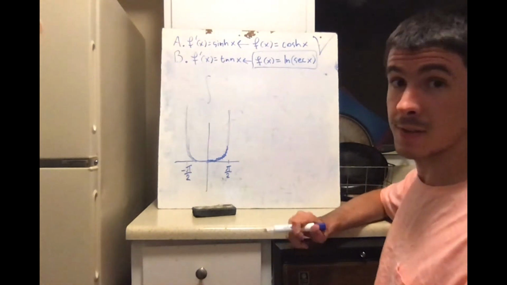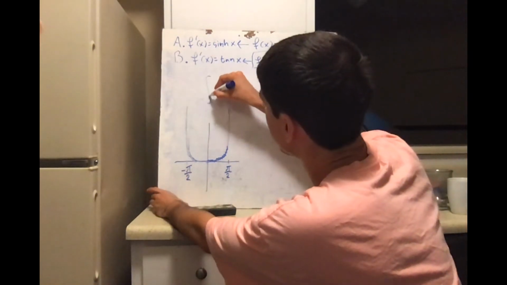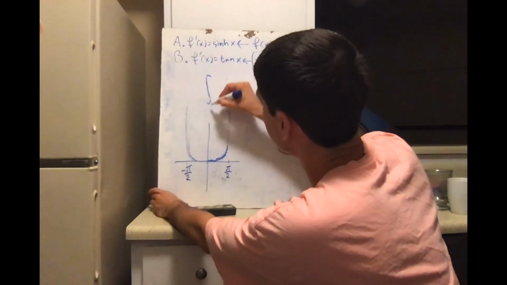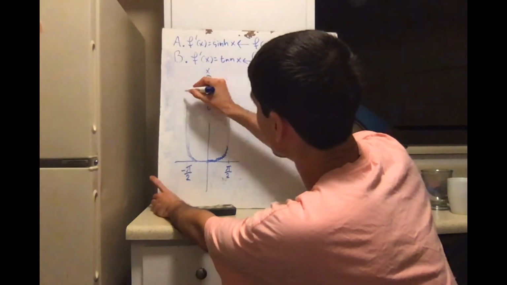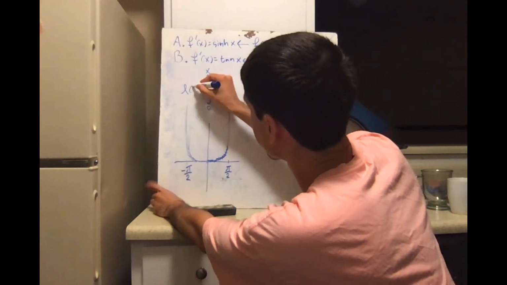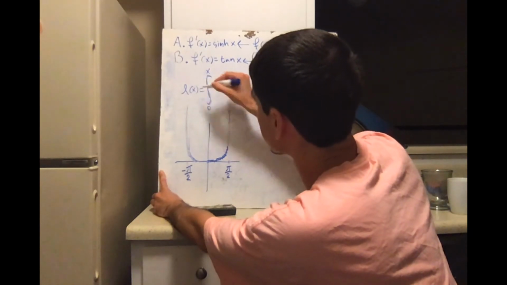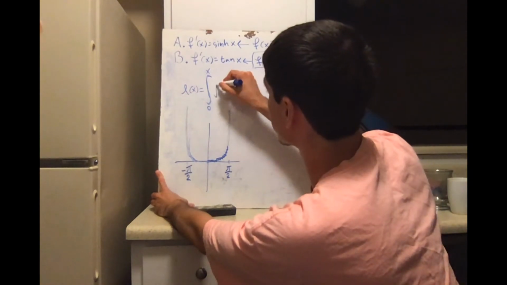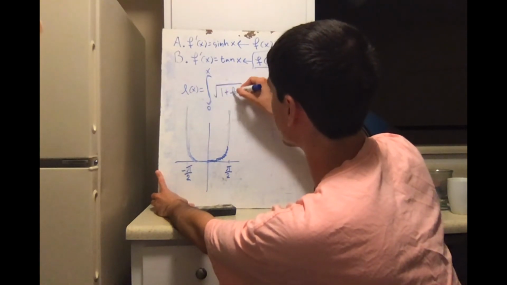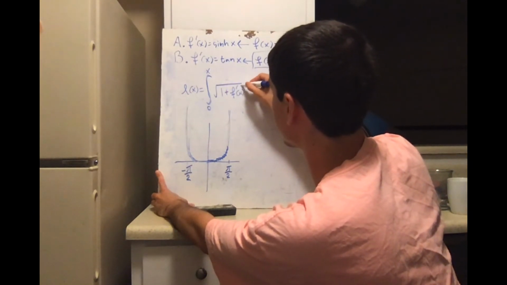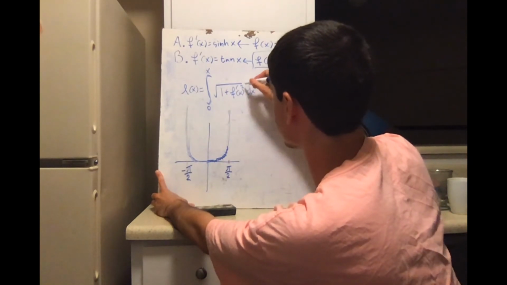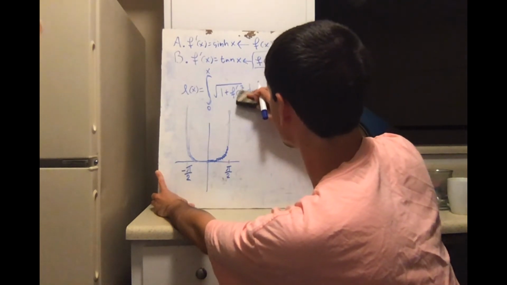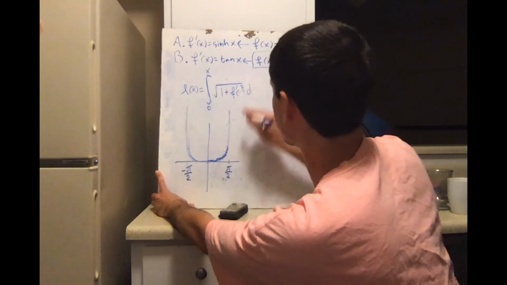of this curve. And so it's just going to be the integral from 0 up, so this is L of x, equals the integral from 0 up to x of the square root of 1 plus f prime of t squared dt.